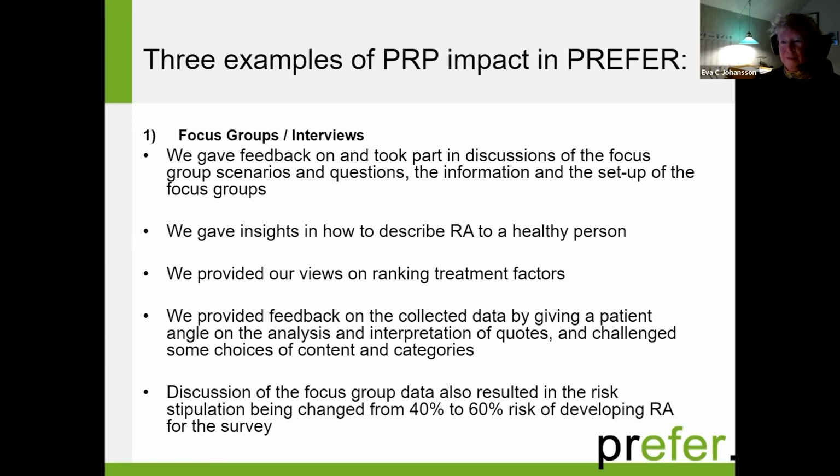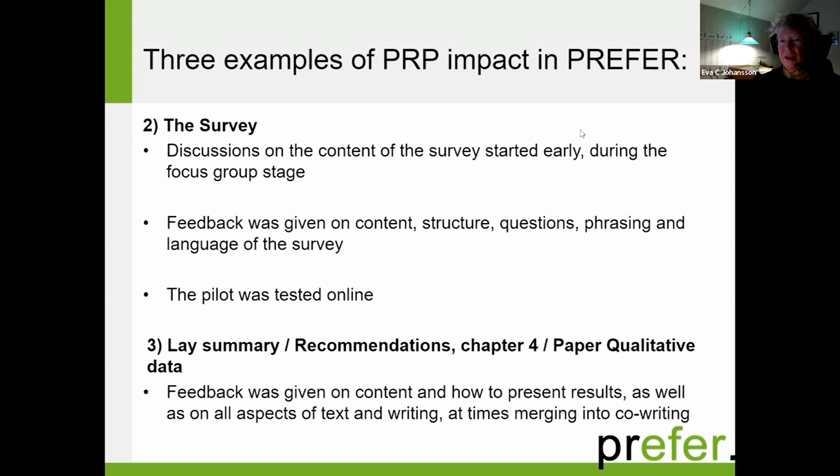Next slide, please. So in the survey, the discussions on the content of the survey started very early during the focus group stage already. And we gave feedback on content, structure, questions, phrasing and language of the survey, as well as tested it online.